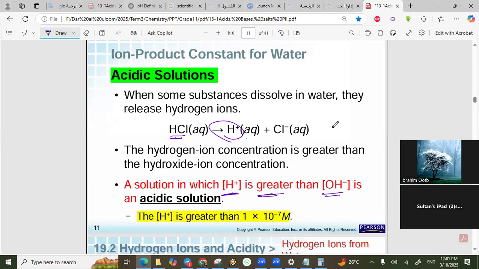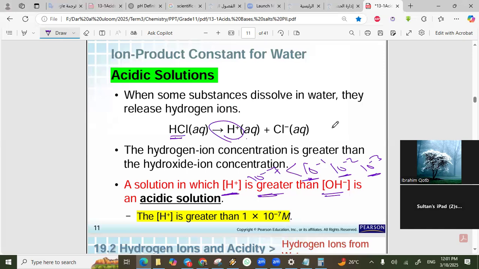So H plus concentration will be more than 10 negative 7. It can be 10 negative 1 or 10 negative 2 or 10 negative 3. All these values are greater than what? Greater than 10 negative 7.